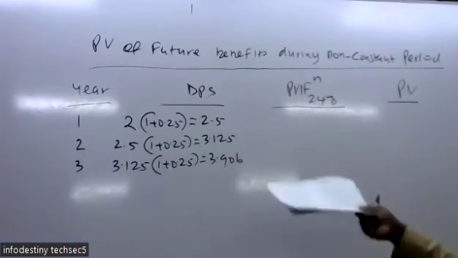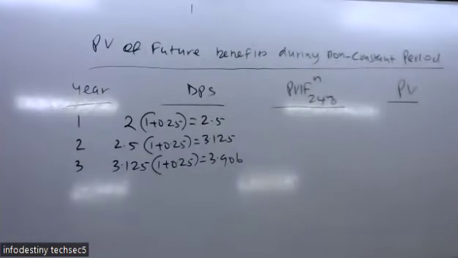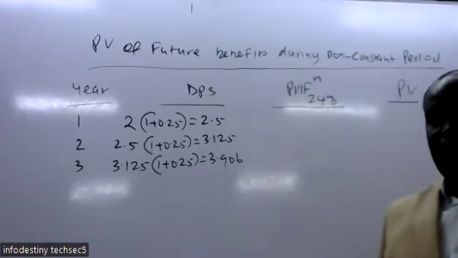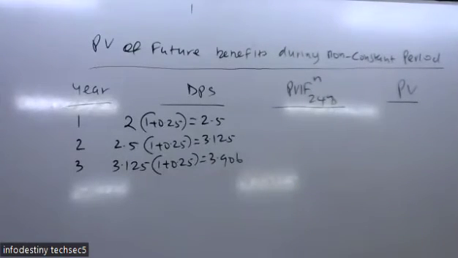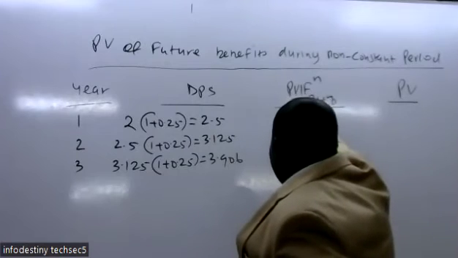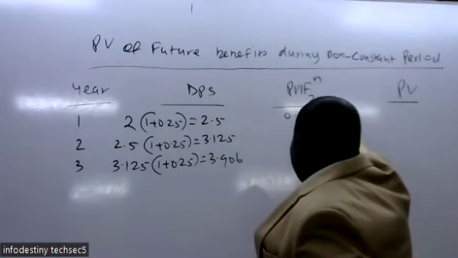Now I want us to go to the present value table. What is 24% in year 1? We check in the first table. Year 1 is 0.806.